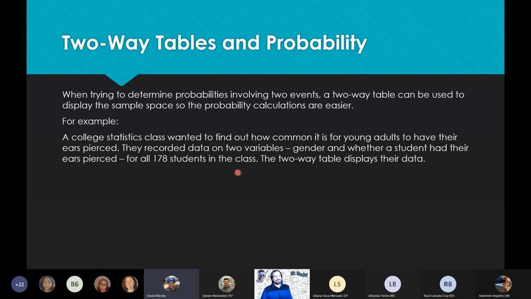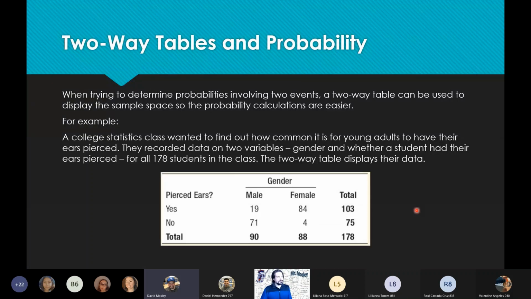The two-way table displays their data. Ta-da. Here's our two-way table. Across the top, we have male or female for the gender. And then the rows are pierced ears, yes or no. All right. So this is our two-way table. We have our marginal distributions along the bottom and on the right-hand side.